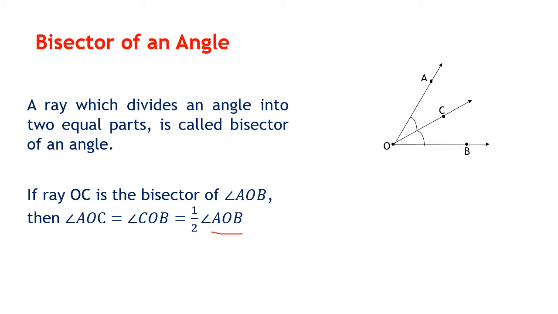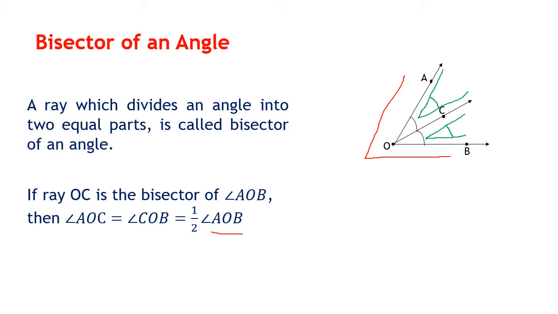Let me tell you again, what did we have originally? We had angle AOB, and after we drew the ray OC, we have two angles now, angle AOC and angle COB. Both these angles are equal. Why are they equal? Because the ray OC, the angular bisector, divides it into two equal halves.